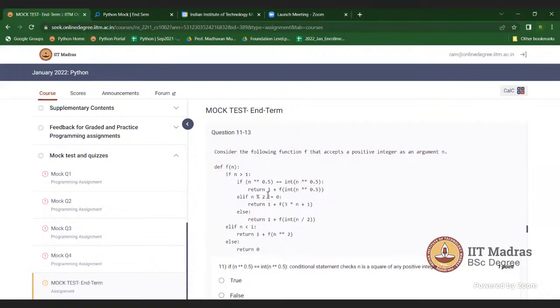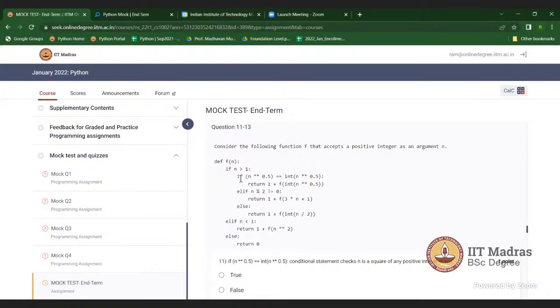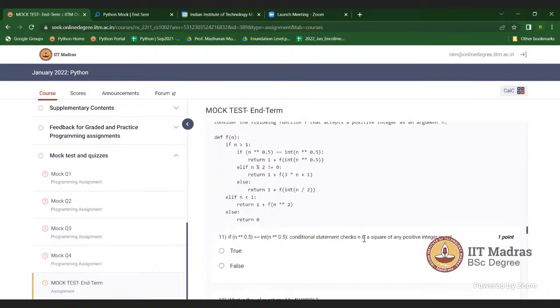So that's why it returns 1 plus f of the square root of it, which basically means 1 plus f of 2. That's what we do here. In the first step, that part is clear. The condition statement checks whether n is the square of any positive integer or not. Yeah, that is true.